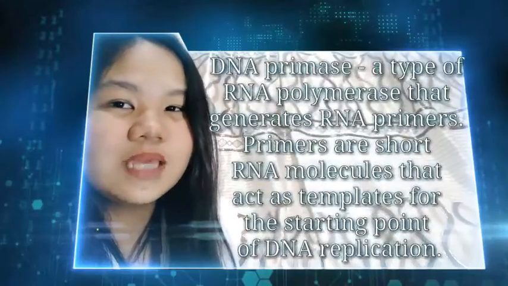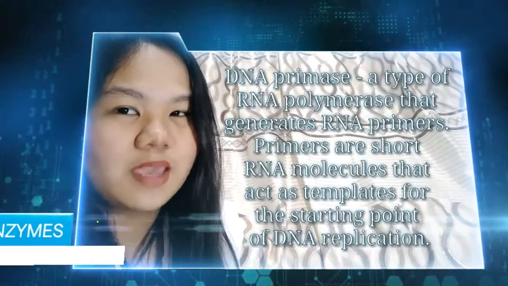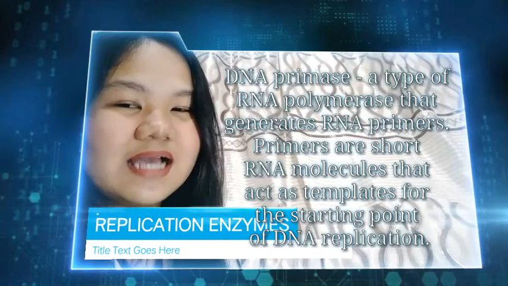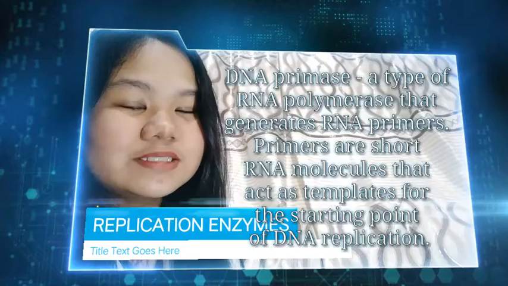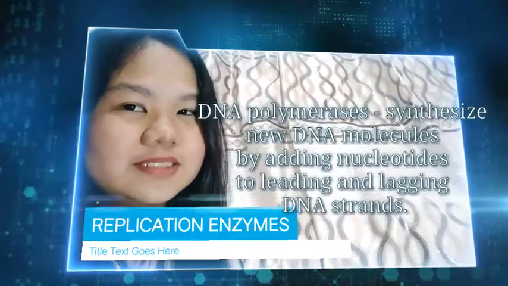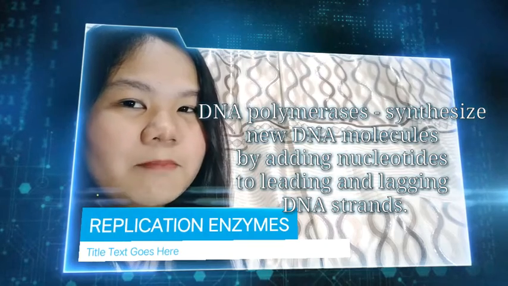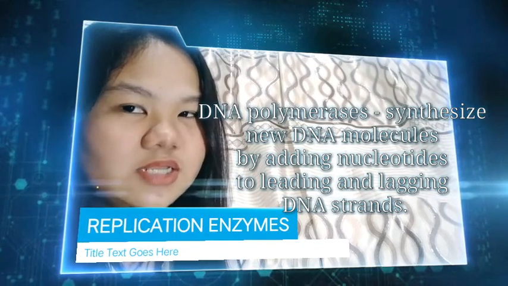Primase, a type of RNA polymerase that generates RNA primers. Primers are short RNA molecules that act as a template for the starting point of DNA replication. 3. The DNA polymerases. These synthesize new DNA molecules by adding nucleotides to leading and lagging DNA strands.